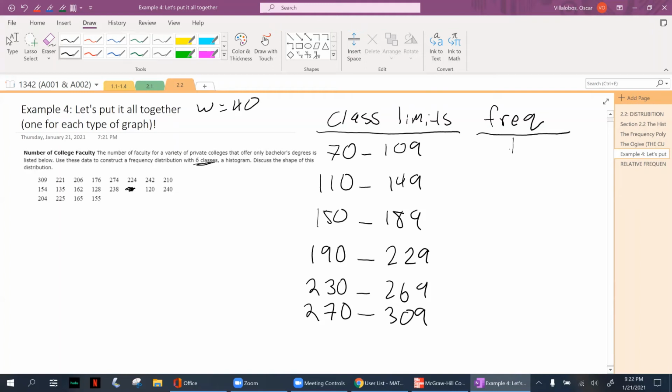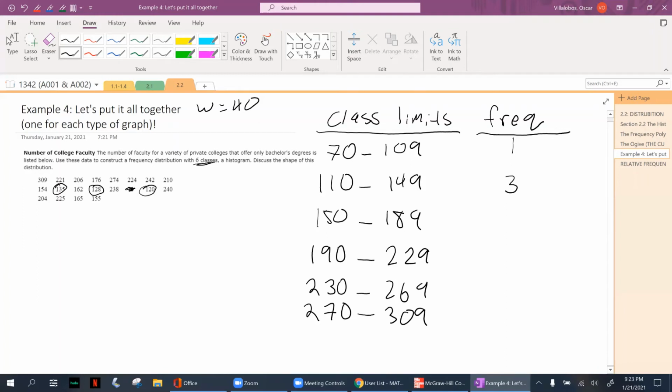Let's do between 110 and 149. So that's going to be 1, 2. That's all we have? Yeah, that's all I see. Oh no, there's another one here, 3. So it's going to be 3.